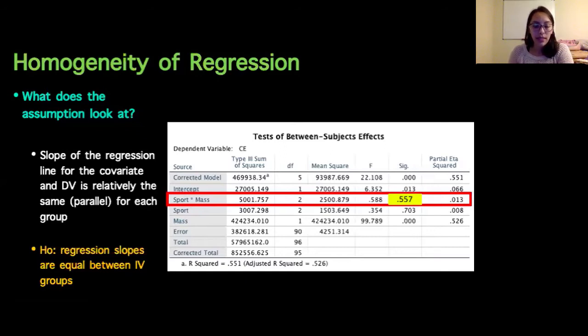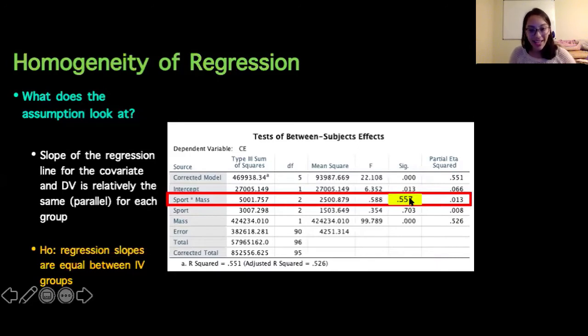In this case, it would mean that the slopes are equal to each other, or that the rate of change in the dependent variable compared to the change in the x or covariate variable is relatively the same across the different sport categories, okay? So when you look at this output, you really want that interaction p-value to be greater than 0.05.